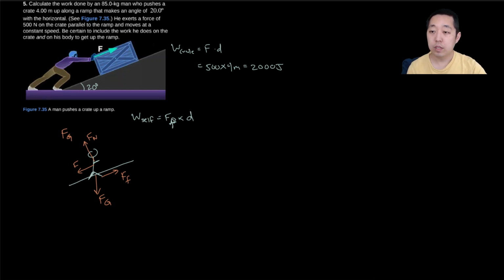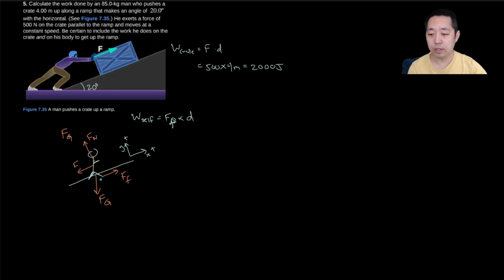Now, in order to calculate this, I need to establish my orientation. So I'm going to say this is the positive x direction and this is the positive y direction. I have to assign all of these into the corresponding vectors, or break them up. So the friction's already in the x direction. F is in the x direction.